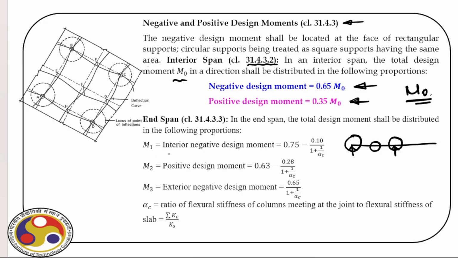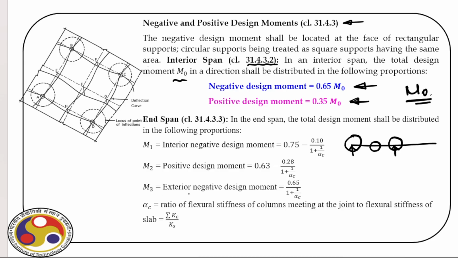So, M1, interior negative design moment, is 0.75 minus 0.1 divided by 1 plus 1 by alpha c. So, this is the proportion of the moment for end spans. M2, that is the positive design moment, is 0.63 minus 0.28 divided by 1 plus 1 by alpha c.